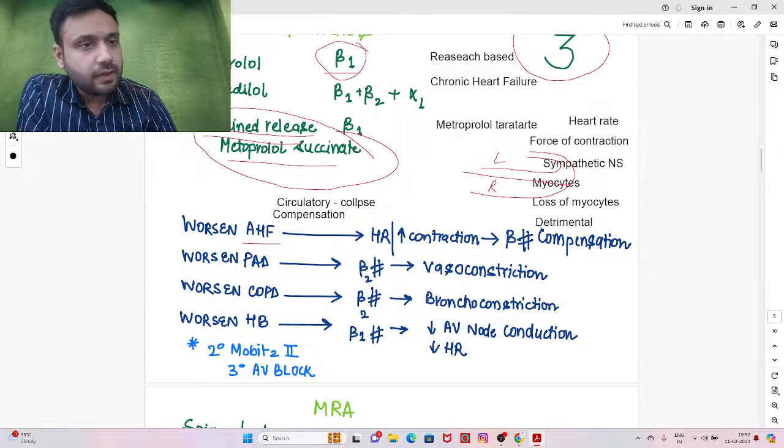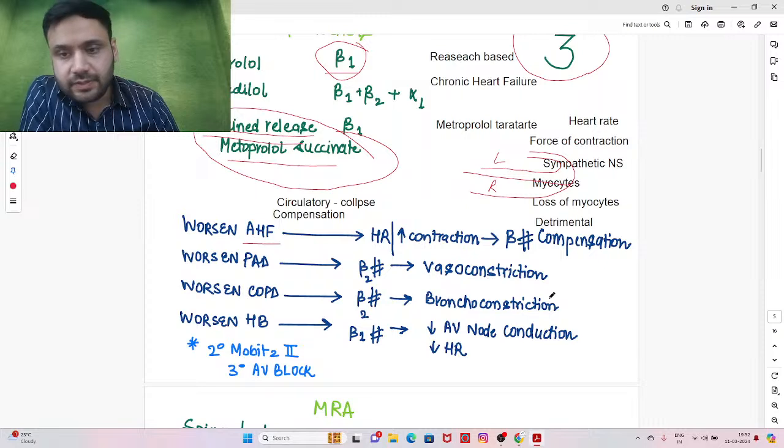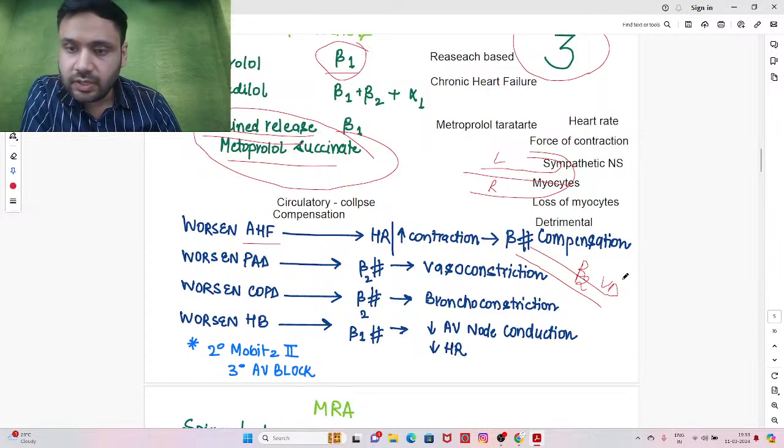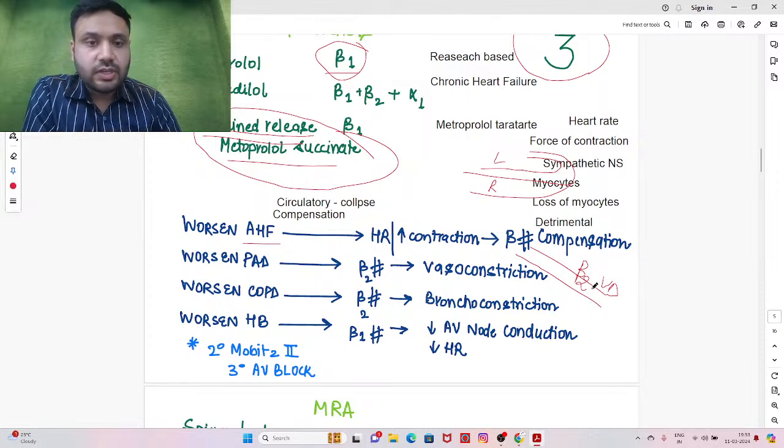Similarly, consider blocking the beta receptors in blood vessels. Blood vessels have beta receptors which cause vasodilation. What are these subtypes? These are beta 2 receptors, which cause vasodilation.